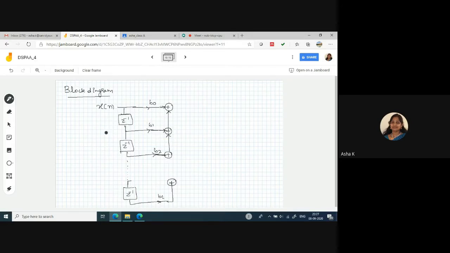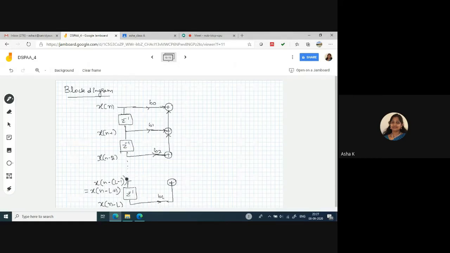If I write the delay here, x of n minus 1, this is x of n minus 2. So when it comes to here, this is x of n minus L, and here it is x of n minus of L minus 1. So this is written as x of n minus L plus 1.